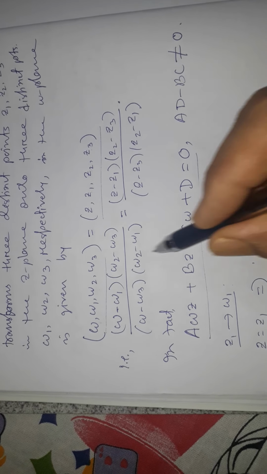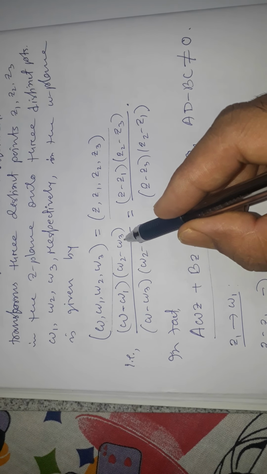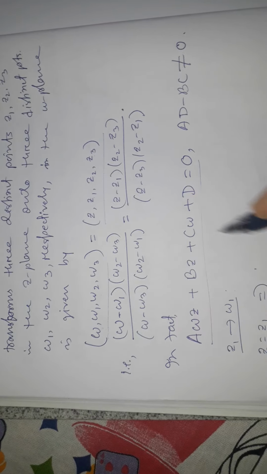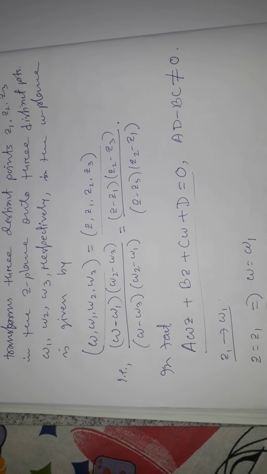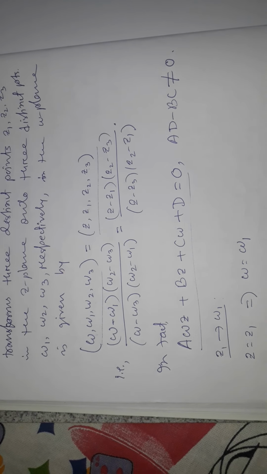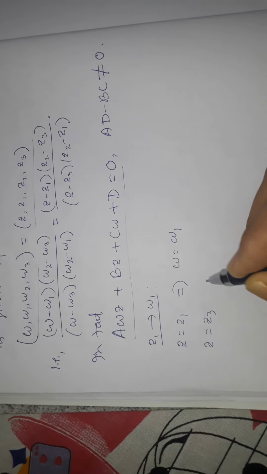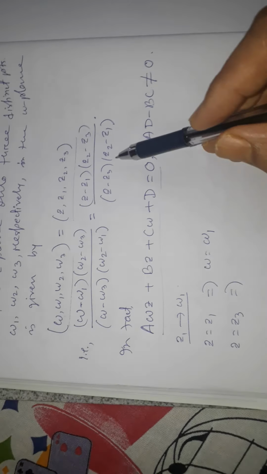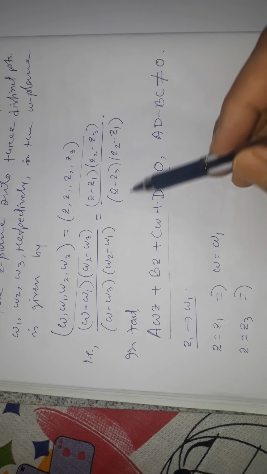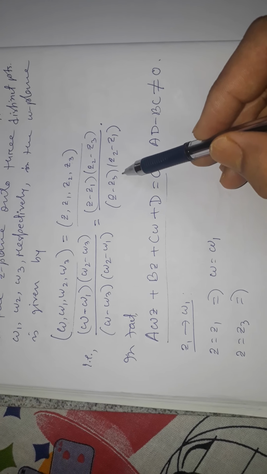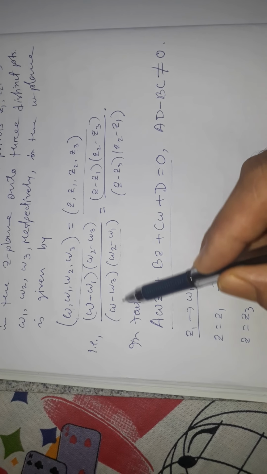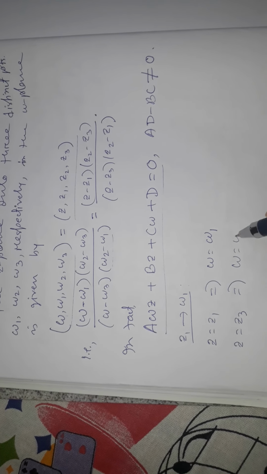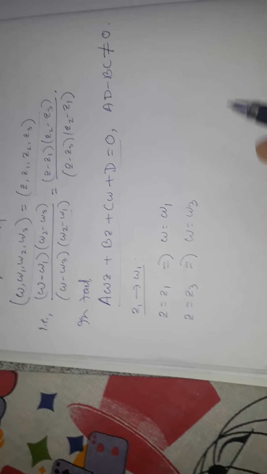Because w2 is not equal to w3, your w will be w1. So z1 is transformed to w1. Similarly, if z equal to z3, then the denominator is 0, and this is not 0, so I must have w equal to w3. So z3 is transformed to w3.